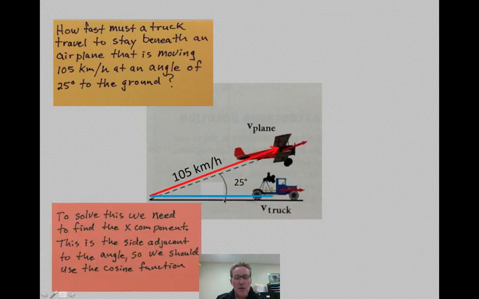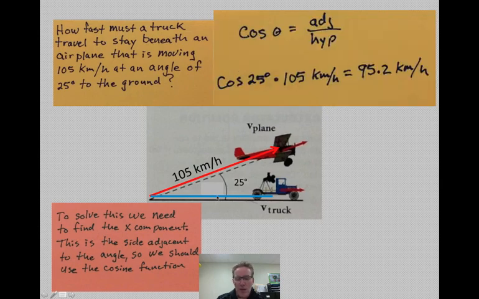And to do this, since we know that this angle is 25 degrees, this side is the side adjacent, so we're going to use cosine. And we just simply do as we did before. Cosine of the angle is equal to adjacent over the hypotenuse. Rearrange and solve.